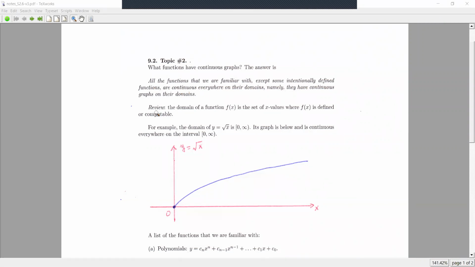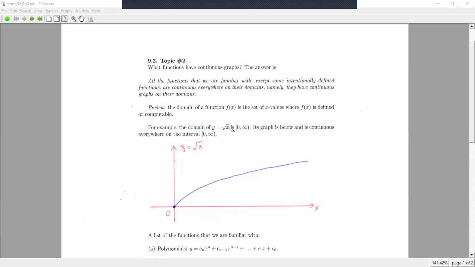Take a review about what is the domain of a function. The domain of a function is the set of x values where the function is defined or computable by a calculator. For example, the domain of square root of x is positive numbers and 0. Try with your calculator.